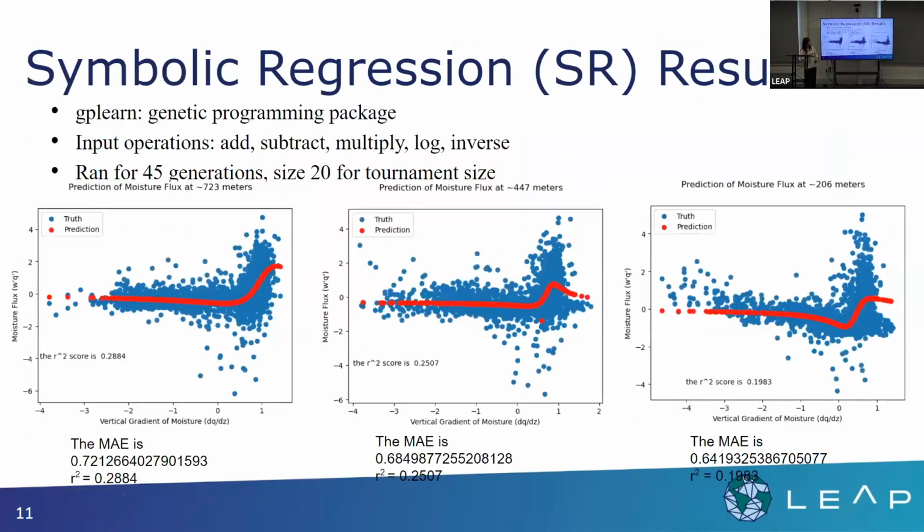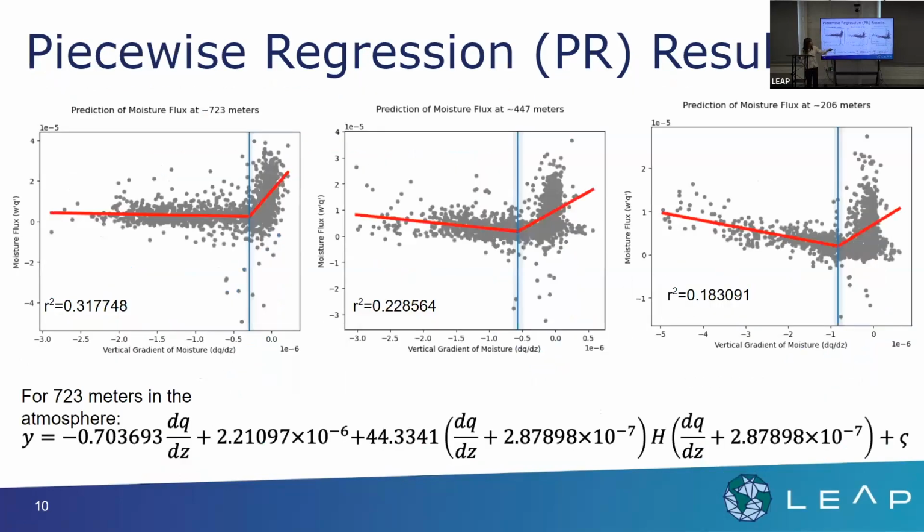So then I was also able to apply symbolic regression, where I just put add, subtract, multiply, log, and inverse as the operators that I could choose from. And what I found was really interesting, that symbolic regression was much more easily able to find the shape of the data comparatively to piecewise regression.